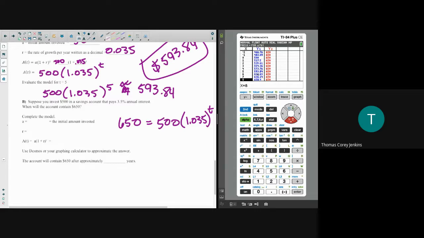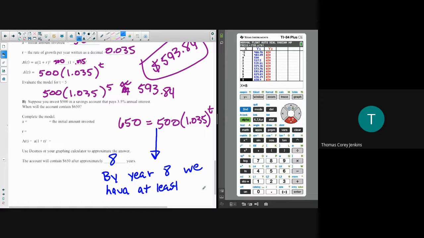So we can tell by looking at this that by year 8, we're over 650. So a good answer to this question, based on the knowledge we have right now, would be approximately 8 years, or by year 8, we have at least 650, or we go over the 650 mark, okay?